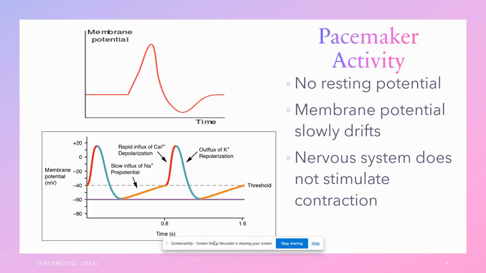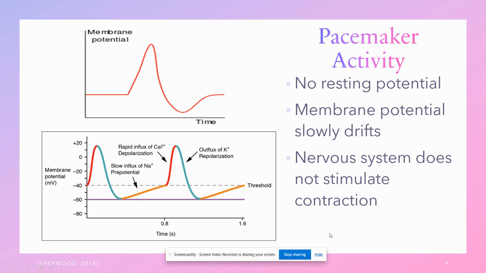So, what is pacemaker activity? Cardiac autorhythmic cells don't have a resting potential, meaning they don't have a non-excited state due to the electropotential difference. Instead, they display something that is known as pacemaker activity.